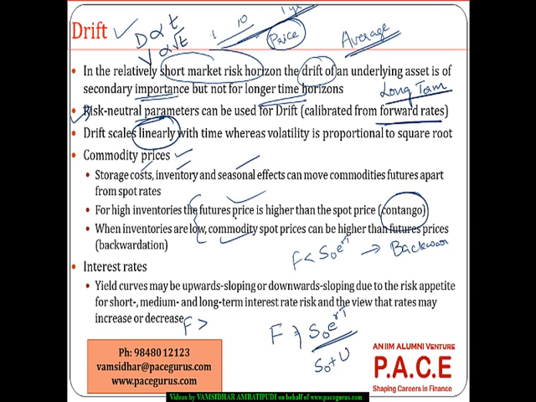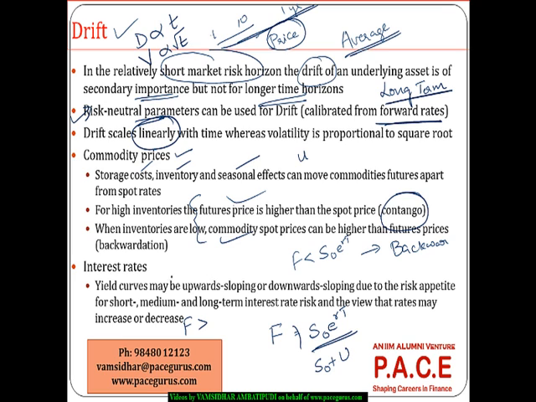The market could be either here or here, but both of them are very rarely the same, which means the drift is very difficult to find out. Whatever drift I am finding is generally under the assumption that these two are equal. But if these two are not equal, then there is something else that I may have to bring into the picture.